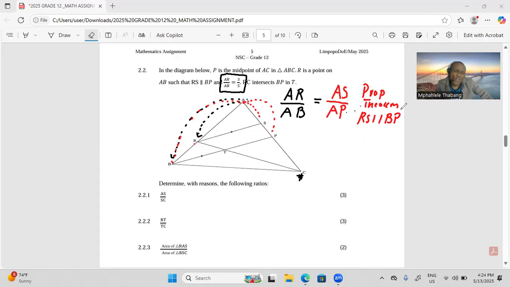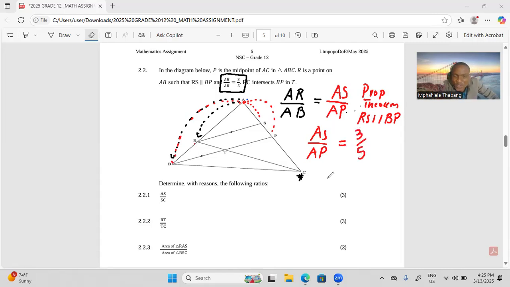Okay, AR over AB, it has been given to us that it is 3 over 5. And we are saying this AR over AB equals AS over AP. So since AR over AB is 3 over 5, it is provided on your question paper, which means that also AS over AP is 3 over 5.